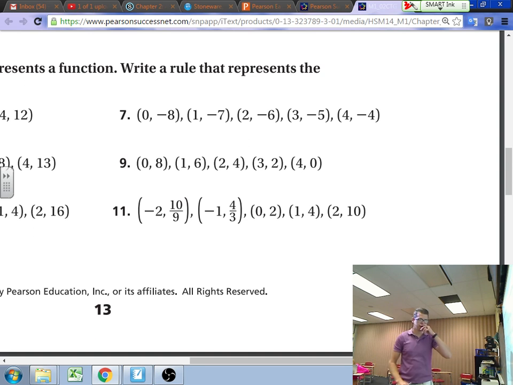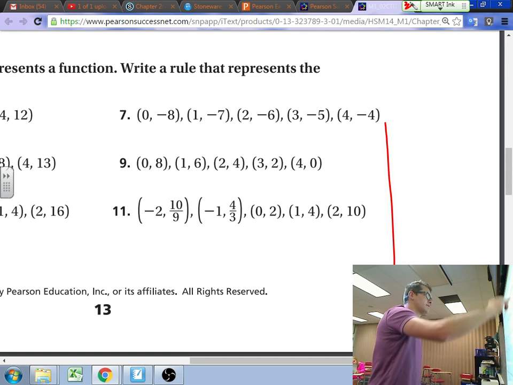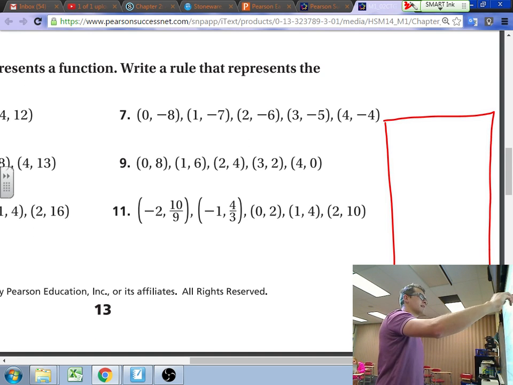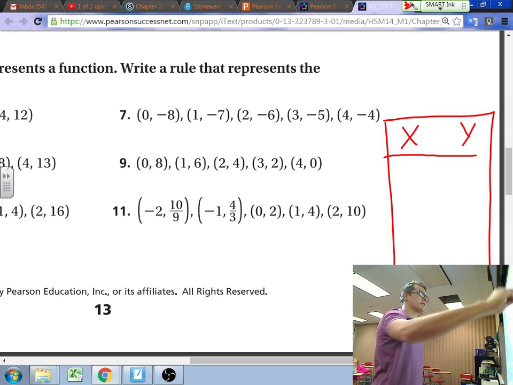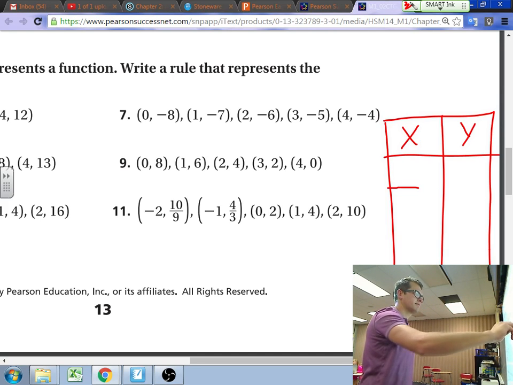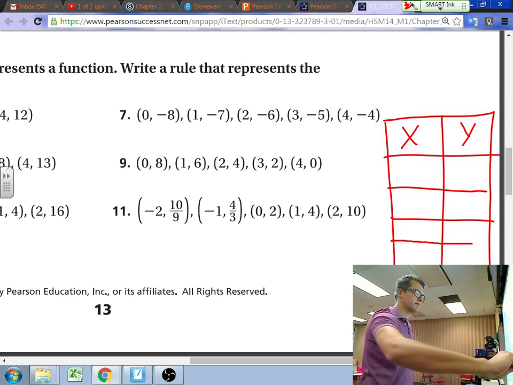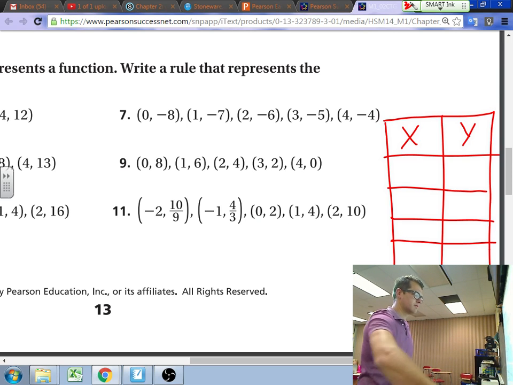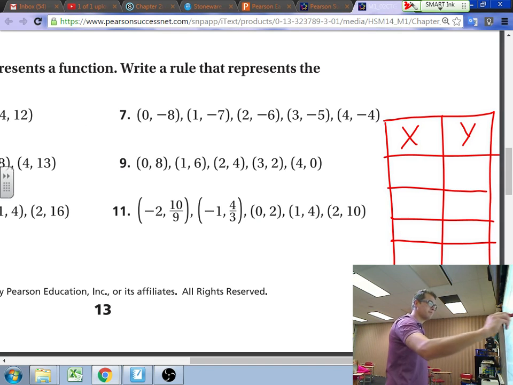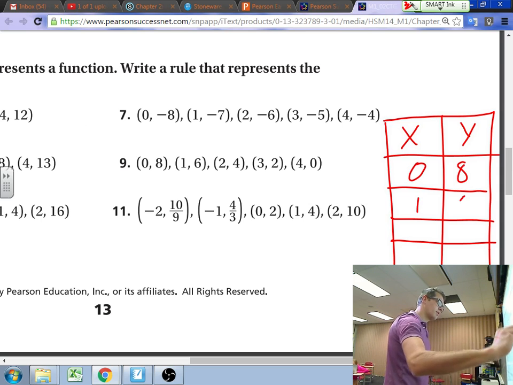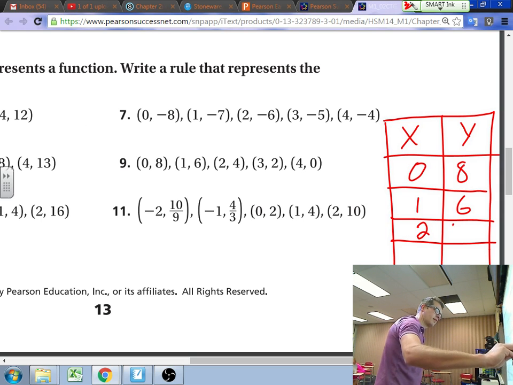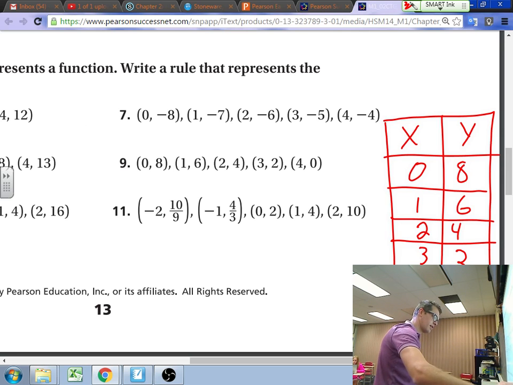This looks interesting. If I set up a table, because it helps my brain to look at the values like this: 0, 8; 1, 6; 2, 4; 3, 2; and 4, 0.